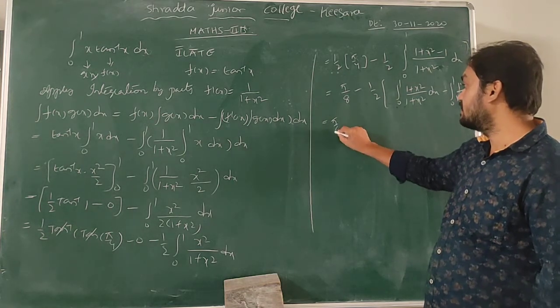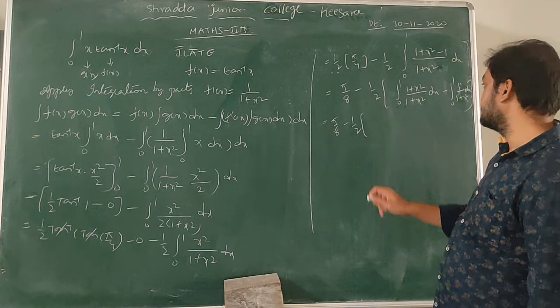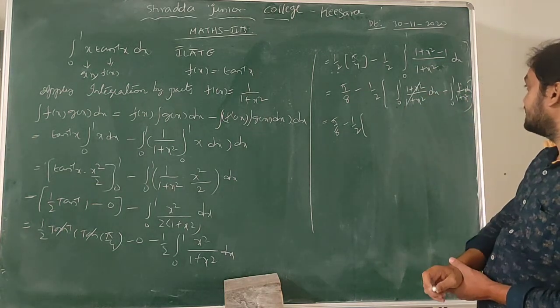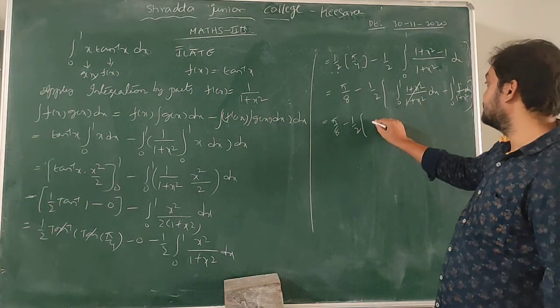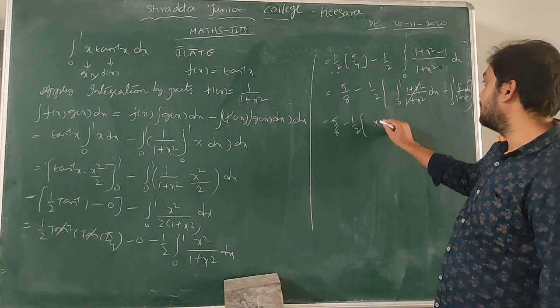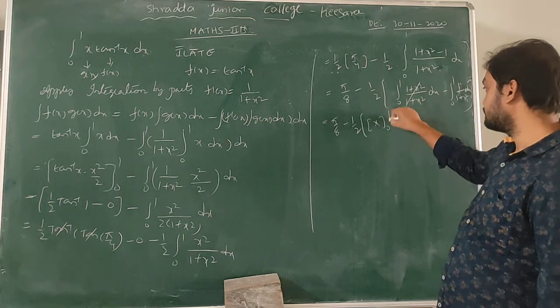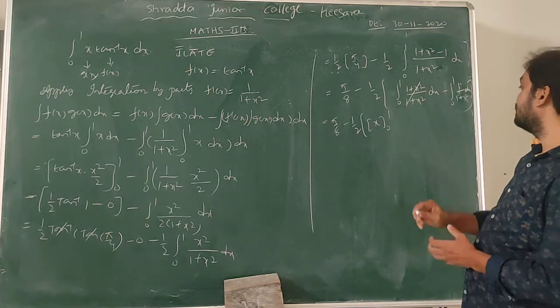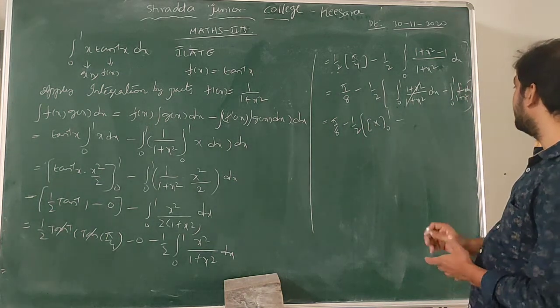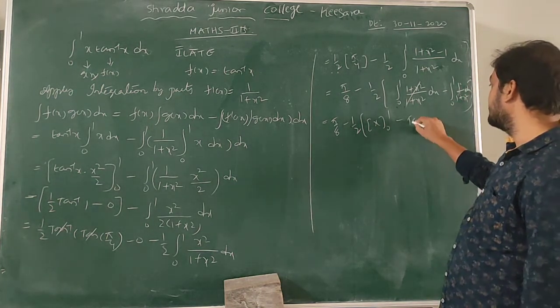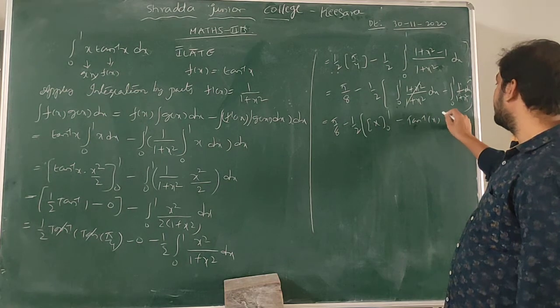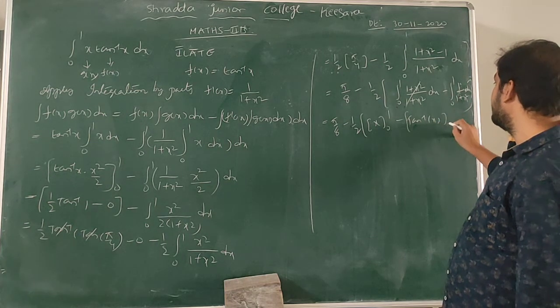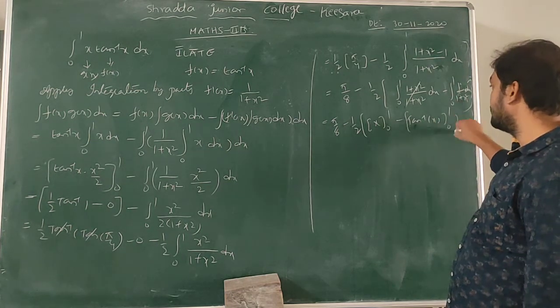Now this is equal to pi by 8 minus 1 by 2. Now both get cancelled here. Integration dx means what? That is x. Apply the limits 0 to 1, minus integration 1 by 1 plus x square dx is nothing but tan inverse x. Apply the limits 0 to 1.